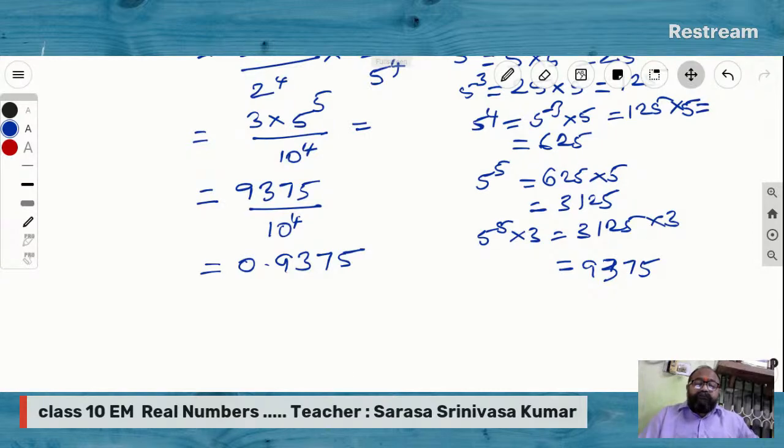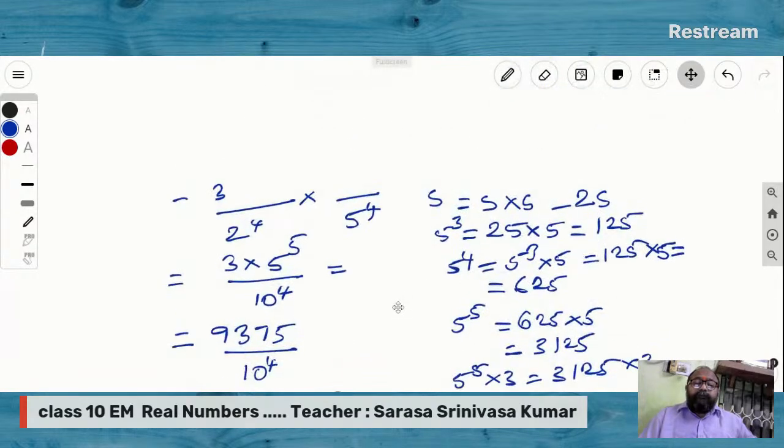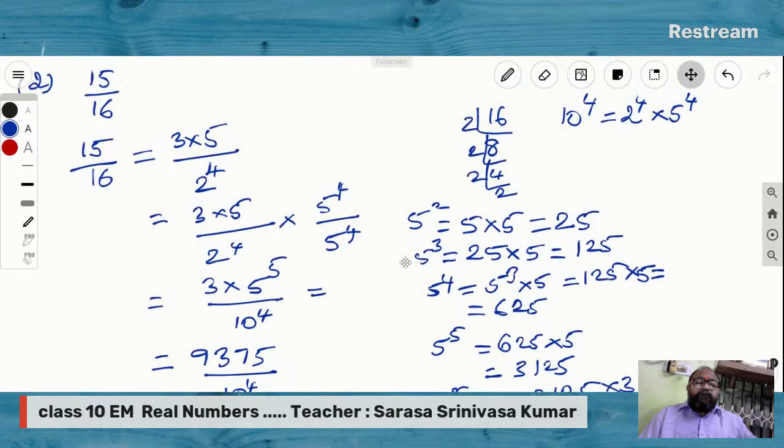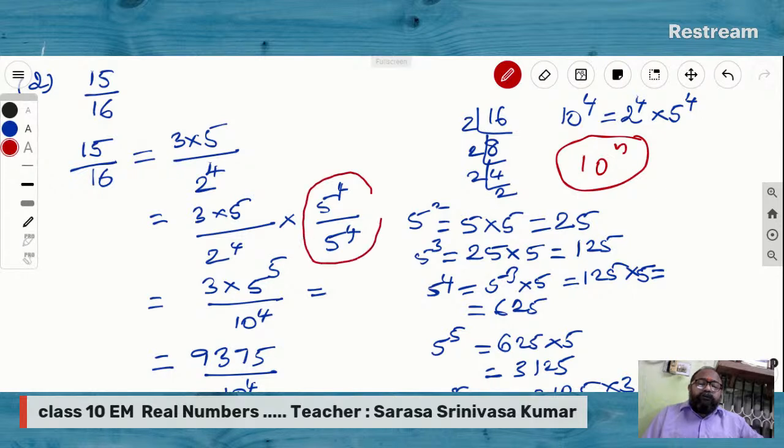So what students must remember is we have converted the given number into the form of a terminating decimal. We want to get 10 power n in the denominator. To get 10 power 4 in the denominator, we multiplied and divided by 5 power 4. Why?